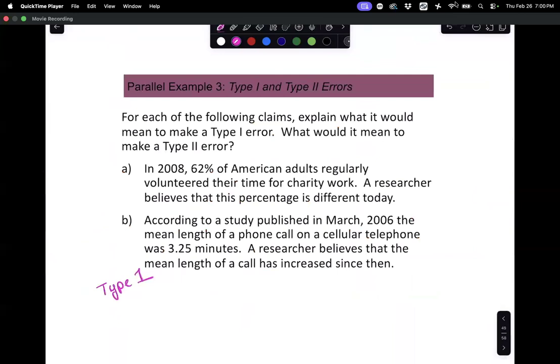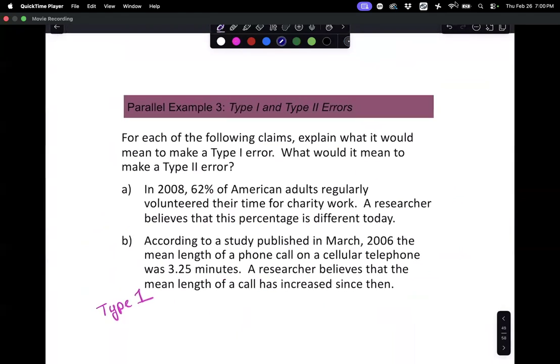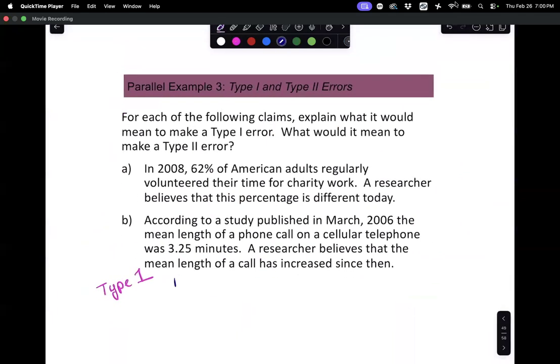Okay, so yeah, that's why I let you use notes because I can't remember things. So, the actual length of a call is 3.25 minutes, but we reject the null.